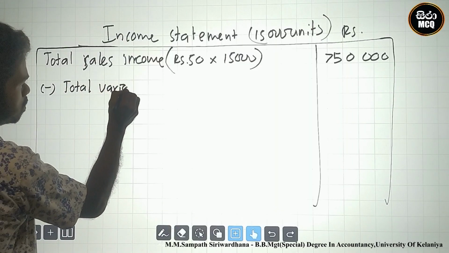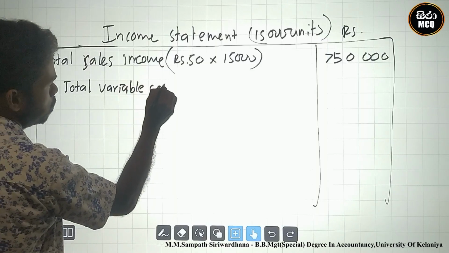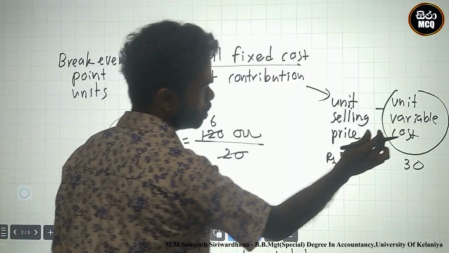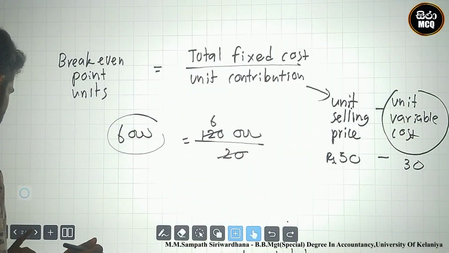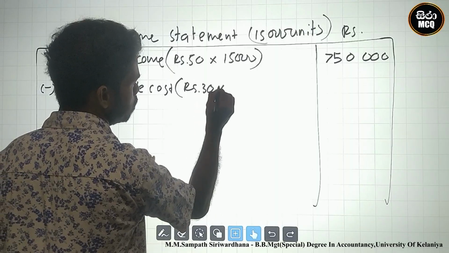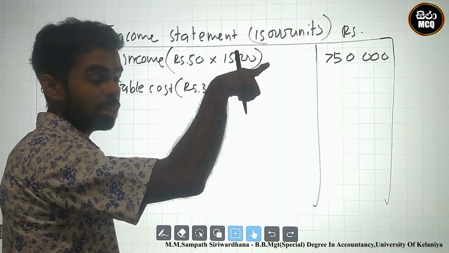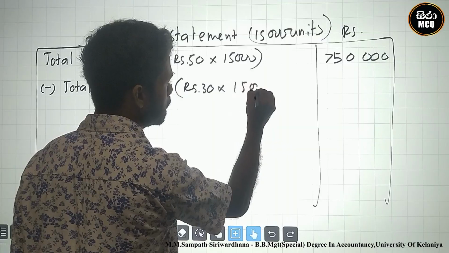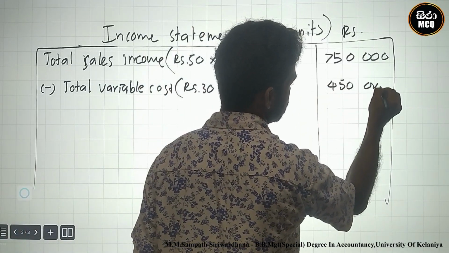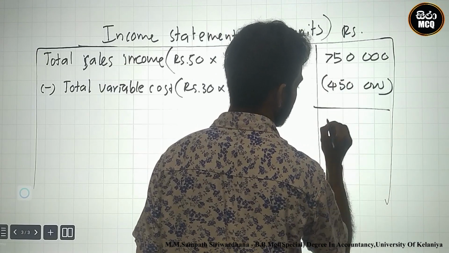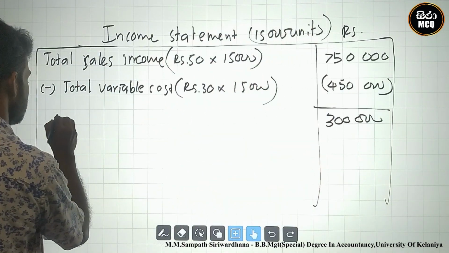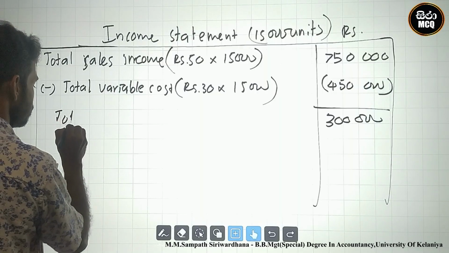Next, we deduct the total variable cost. The unit variable cost is 30, multiplied by 15,000 units, gives 450,000. Deducting it, we get 300,000, which is the total contribution.